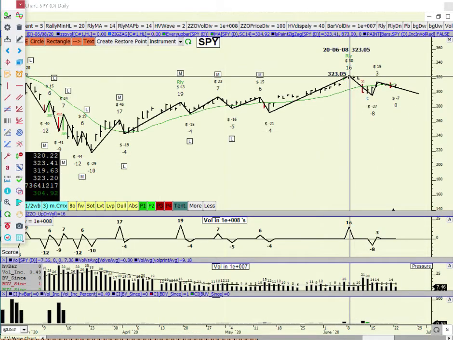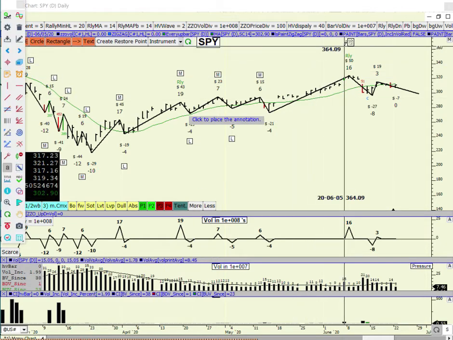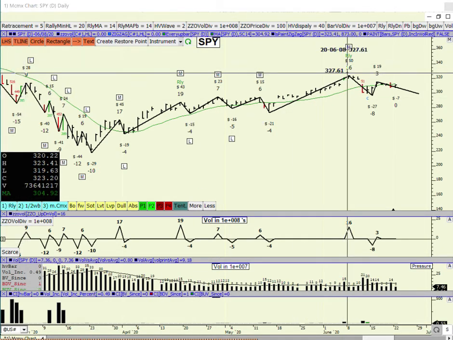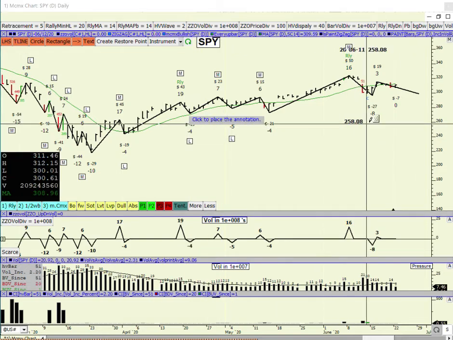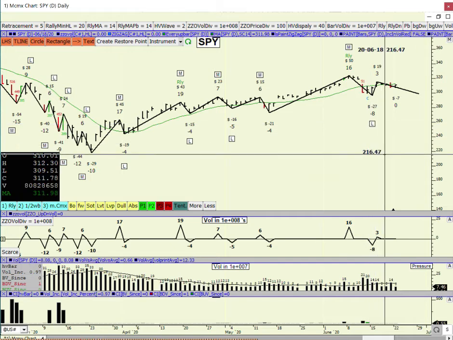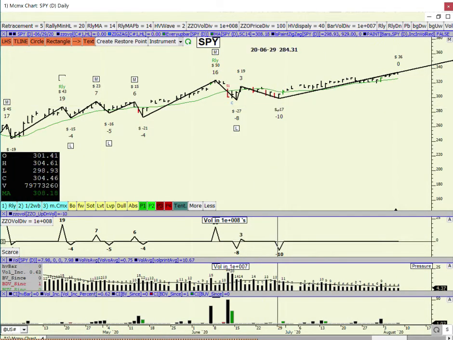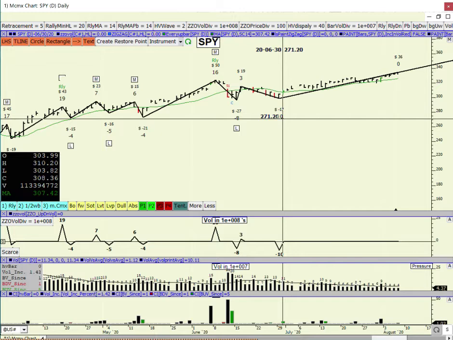Here's where you get the clarity that you need. That price is stronger than volume. 50.16 pulled back on only 27.8. More, less. Here you have 19.3. Here you have 17.10.